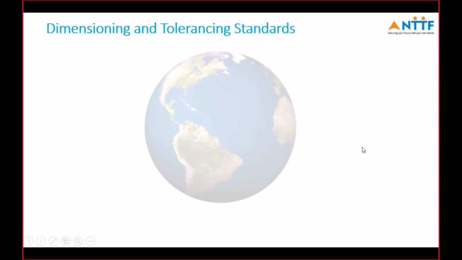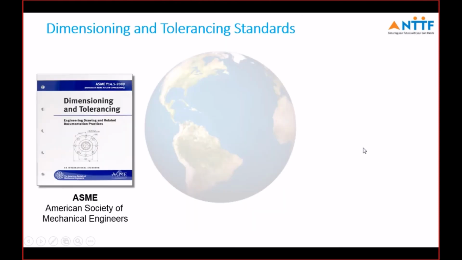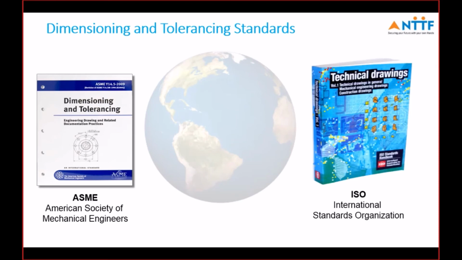For dimensioning and tolerancing in the world, in the globe, actually, there are only two standards. One is dimensioning and tolerancing by ASME, the American Society of Mechanical Engineers. The other standard is the ISO standard, by the International Organization for Standardization. These two are international standards.